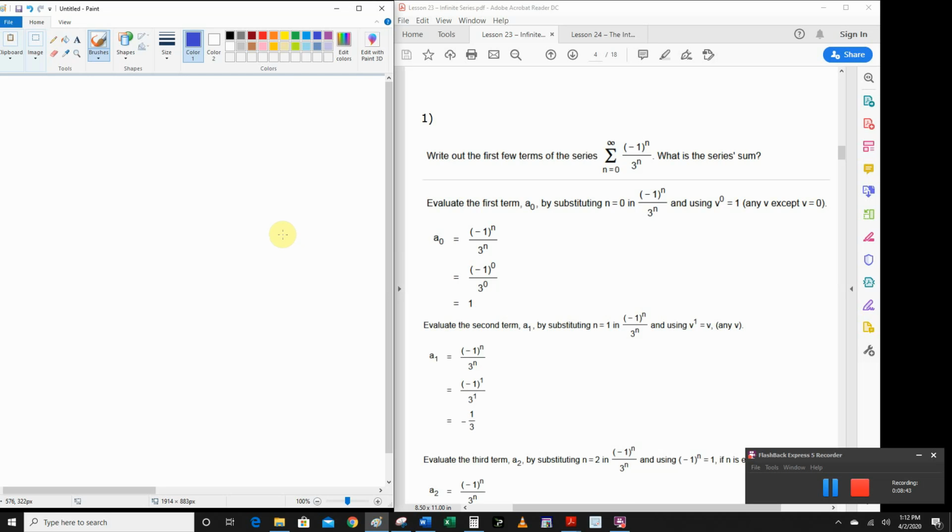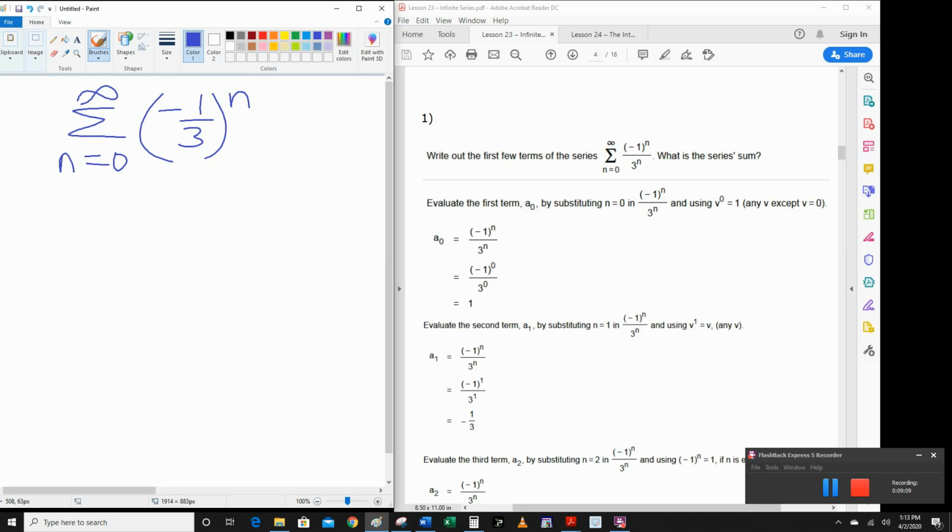Now, it looks like this may be a geometric series. How we can tell is we can actually rewrite our series as (-1/3) to the nth power, and -1/3 is our ratio.